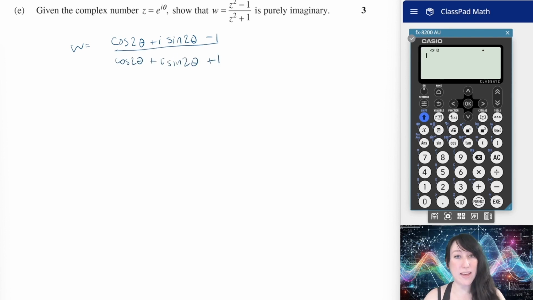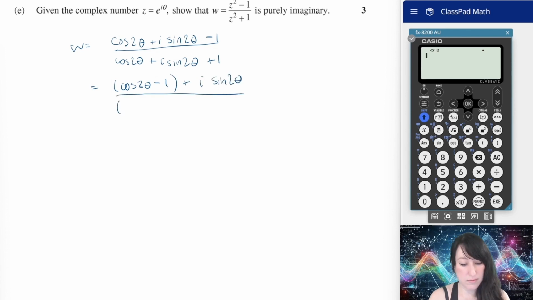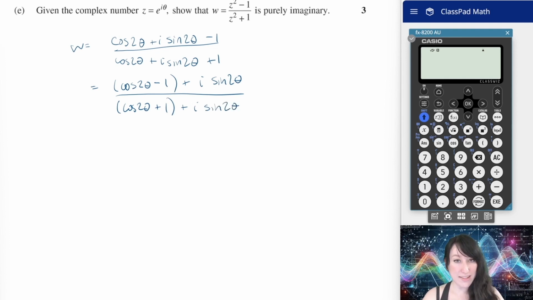Let's get the reals together and the imaginaries together. We could use double angle identities here in both the real and imaginary components.